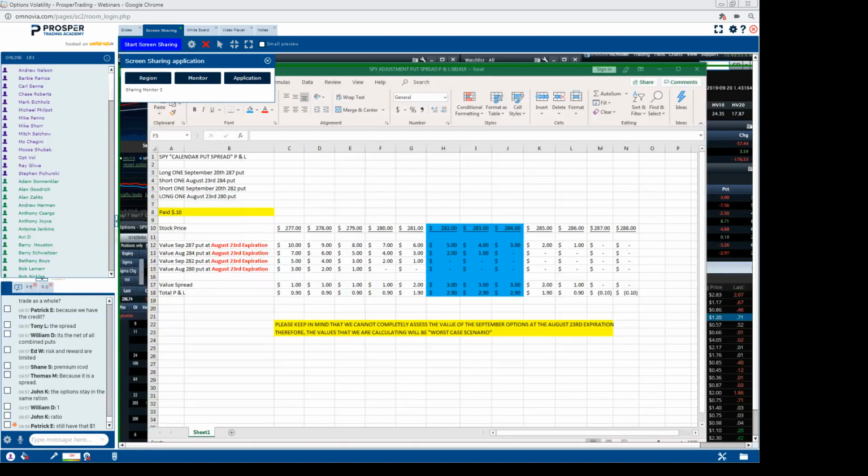And the beauty of this is why we did this adjustment. We did this for a dime, essentially a free trade. The most we could ever lose in this, even if SPY turned around and went to 300 in the next week, two weeks, whatever it is, the most we could lose is a dime.